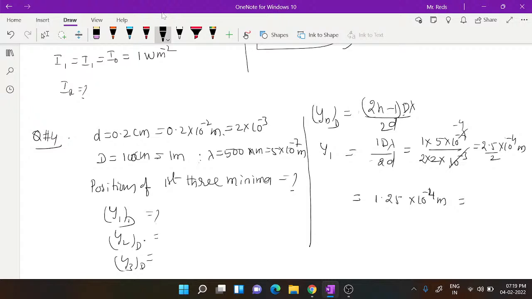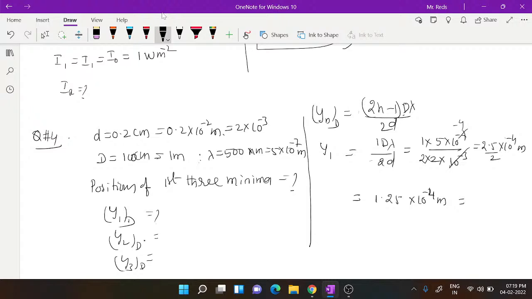Let us check here. d is 0.2 centimeters, which is 0.2 in 10 power minus 2, or 2 in 10 power minus 3. D is 100 centimeters, so 1 meter. Lambda is 500 nano, so 5 into 10 power minus 7.